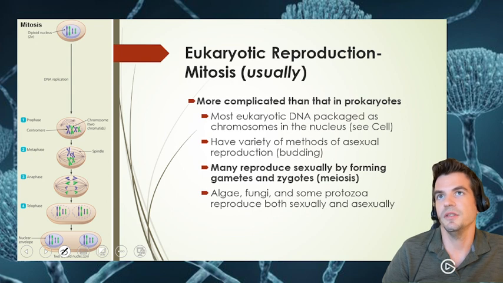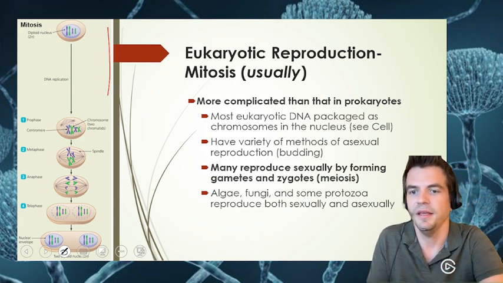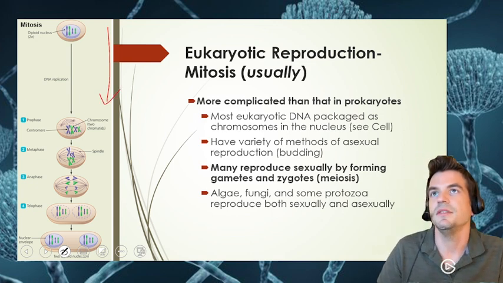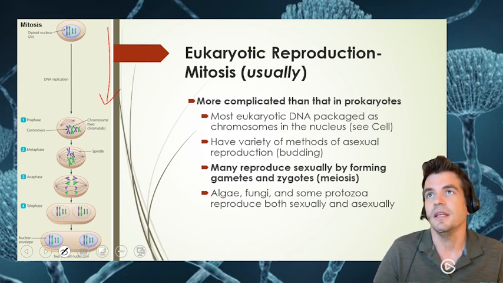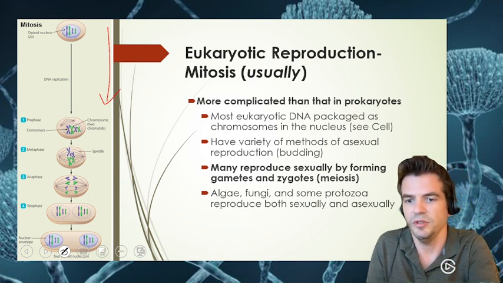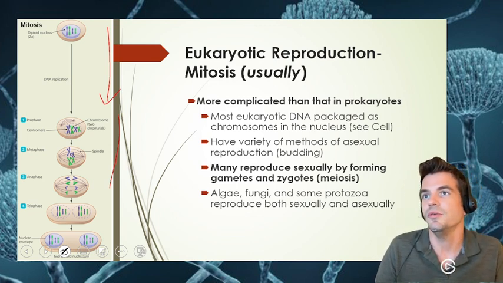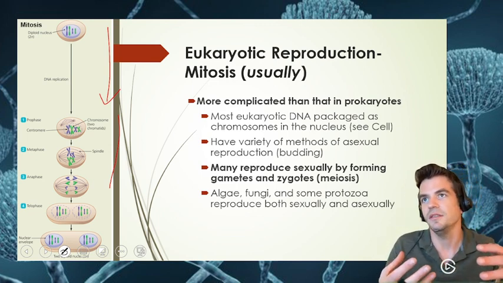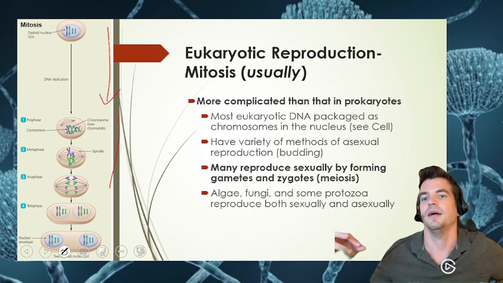Eukaryotic reproduction is usually through mitosis. This is mostly an A and P thing, but briefly, the cell will divide by first replicating its DNA. Once it is able to replicate a full set of DNA, it starts to split into two, and in order to do that, it is going to use the centrioles to pull that DNA into opposite poles.